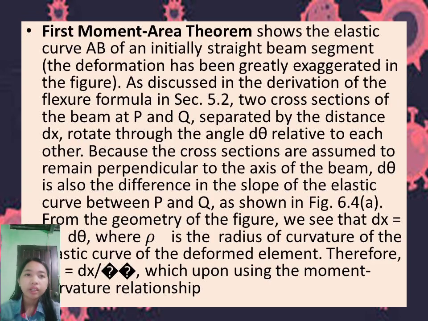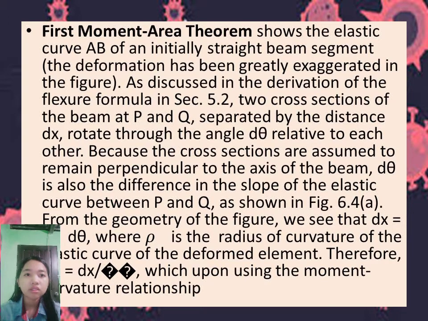The first moment area theorem shows the elastic curve AB of an initially straight beam segment. The deformation has been greatly exaggerated in the figure. As discussed in the derivation of the flexure formula in section 5.2, two cross-sections of the beam at P and Q, separated by the distance dx, rotate through the angle dθ relative to each other.